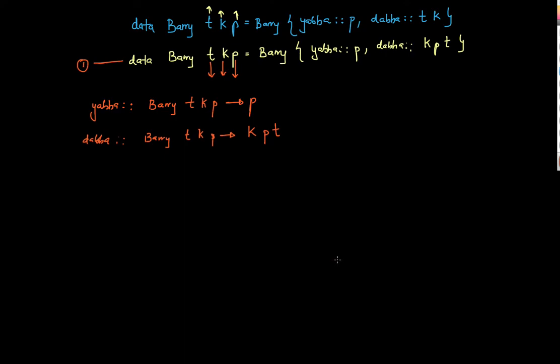Again, just for the sake of completeness, I can also say that my type constructor Barry is something that takes in a value of type p followed by some value of type k, p, t, and gives you back some value as an output of type Barry t, k, p.